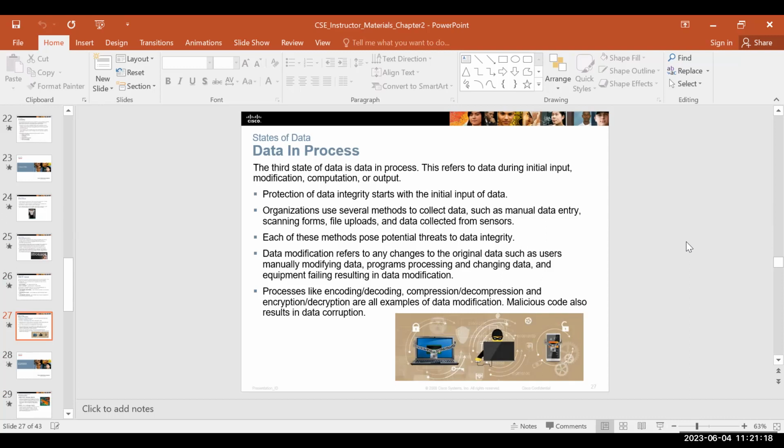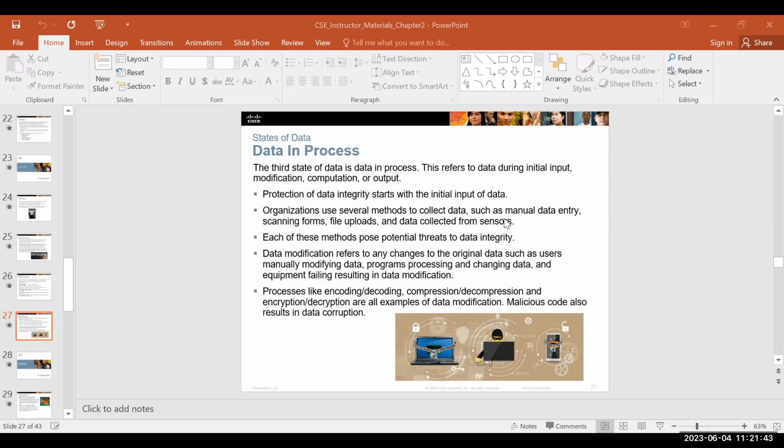Protection of data integrity starts with the initial input of data. As we said, if you want to ensure optimum data integrity, you have to ensure that you collected the right data. You run data validation checks, and that allows you to ensure optimum data integrity.